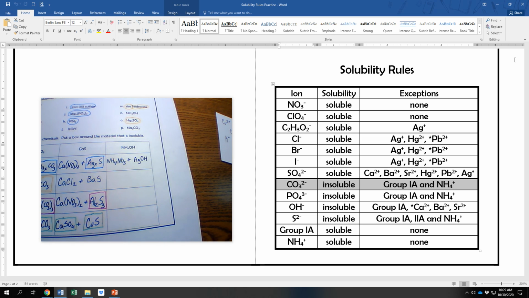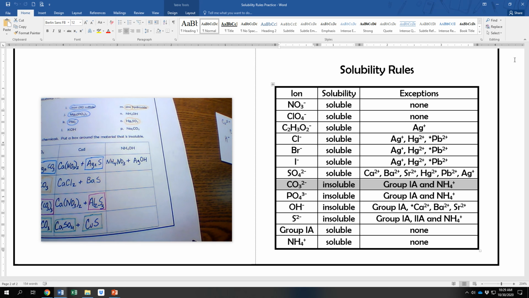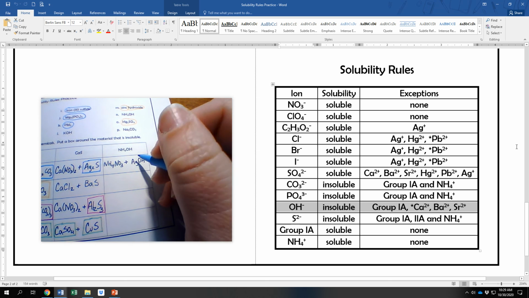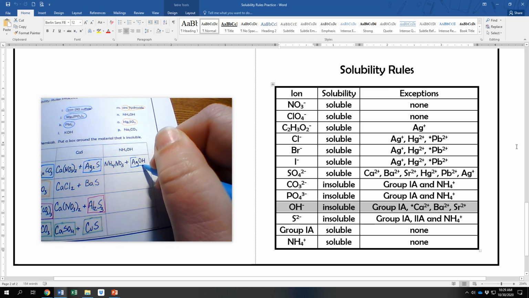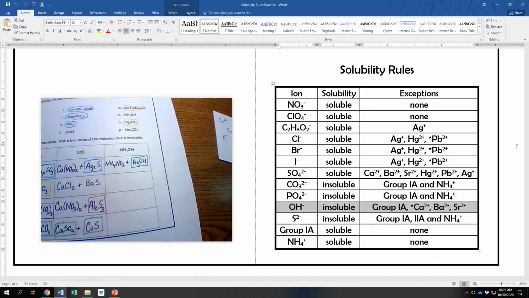So let's check our solubility. So anything attached to ammonia or nitrate will stay dissolved. Hydroxide. Hydroxides are insoluble except for group 1, calcium, barium, and strontium. So this will form a solid precipitate.